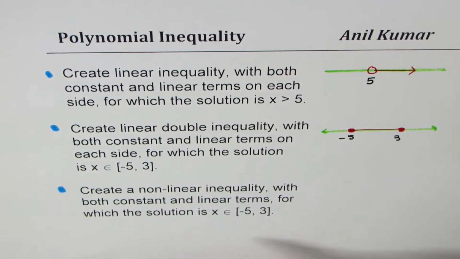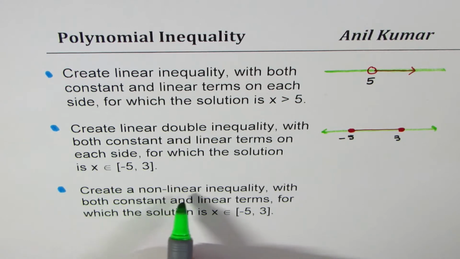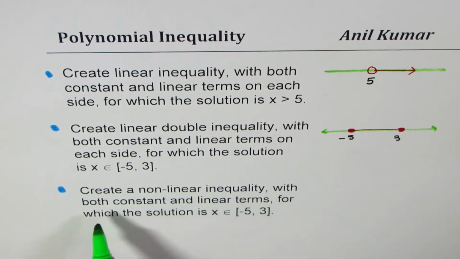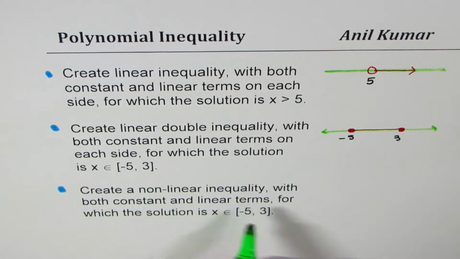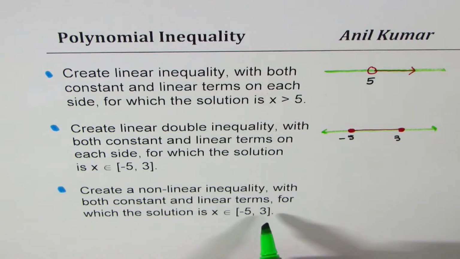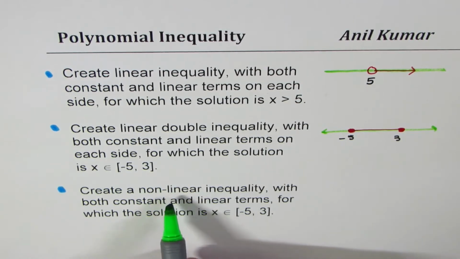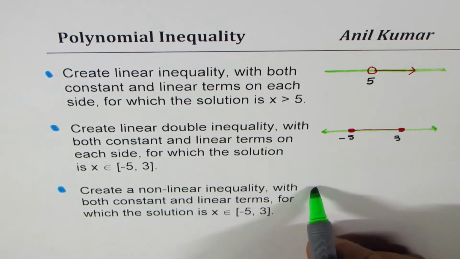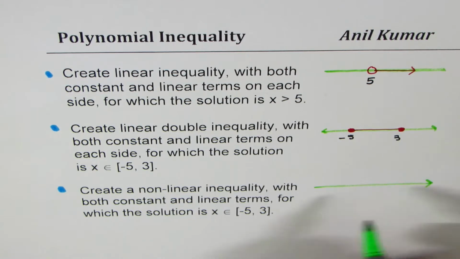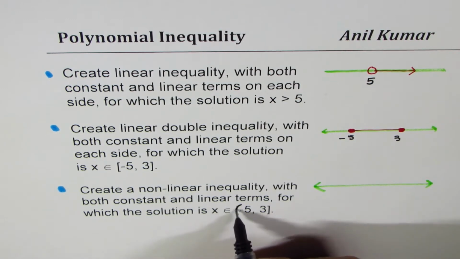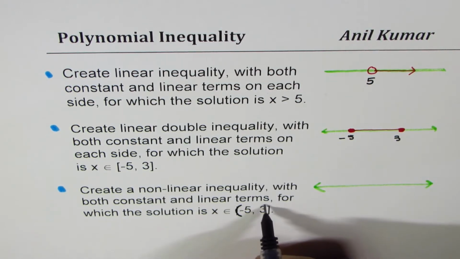The last one here is: create a non-linear inequality with both constant and linear terms for which the solution is x belongs to the same interval. However, this one is a non-linear inequality. So let me make a small change here. Just to make it different, we'll change the brackets to this kind, meaning not including.